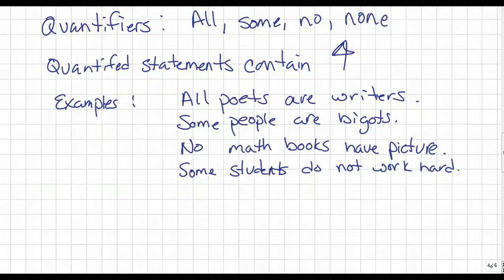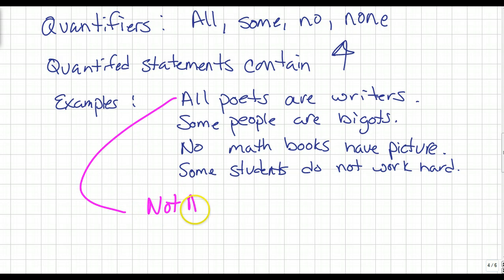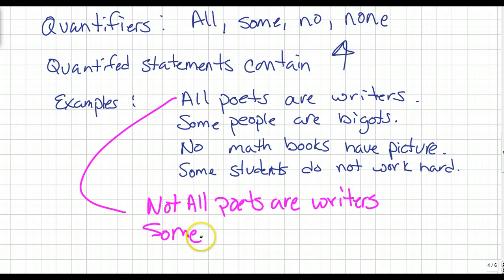So if I were to make the negation of all poets are writers, the negation of that would be not all poets are writers. I could also say some poets are not writers. Okay?